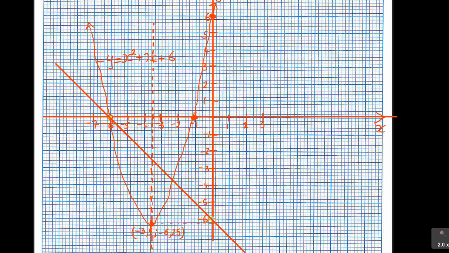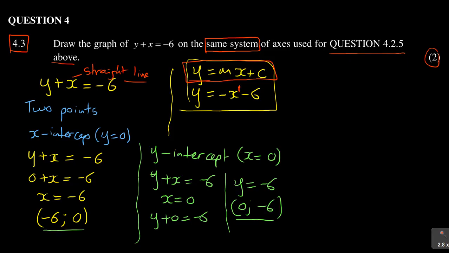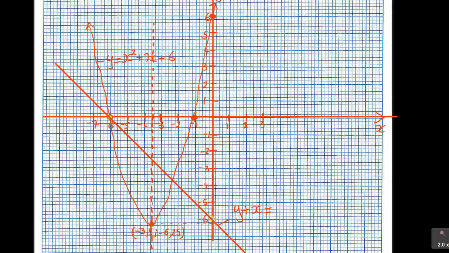That is the straight line I'm having, and this particular straight line has an equation, and that particular equation is y plus x is equal to minus 6 in this case. That's what they meant when they said draw this graph on the same system of axes. So that's how you solve that particular question.